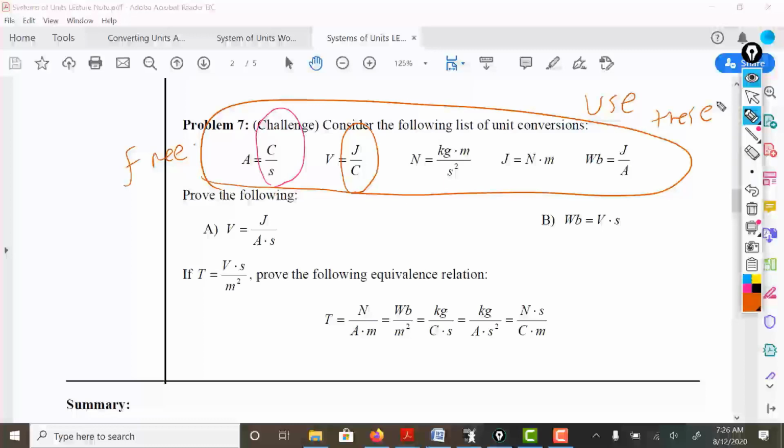So for example, if I want to prove part A, I want to prove that V is J over A times S. There's a few ways to do this.